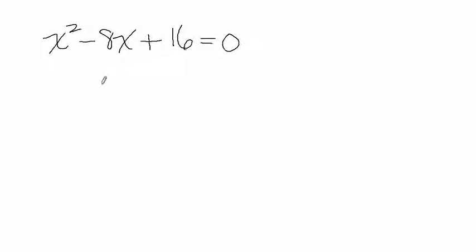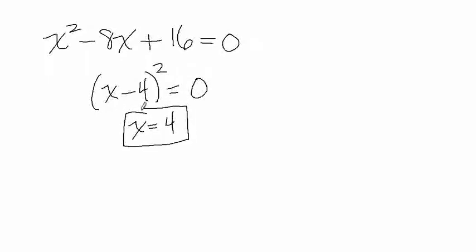So if you factor this one, this is one of those quadratic equations that has one solution. The factorization of the left side is (x minus 4) squared. See that? So only one solution this time. So that's possible. You don't always have two solutions.